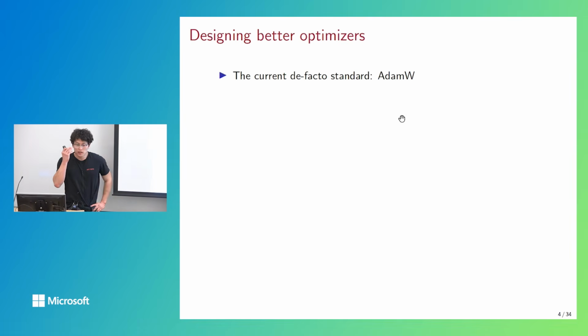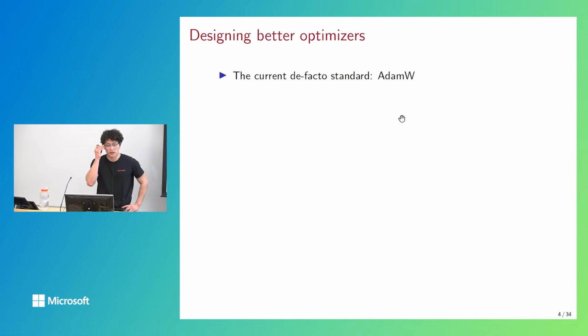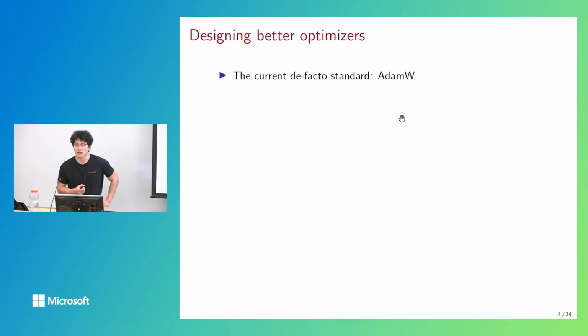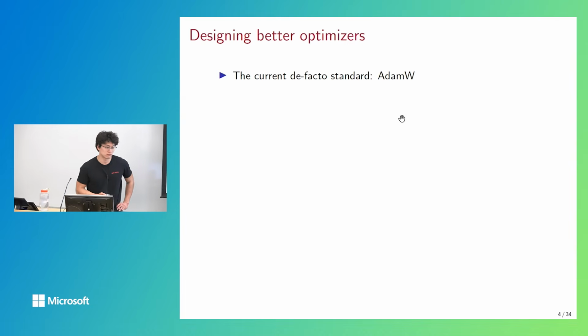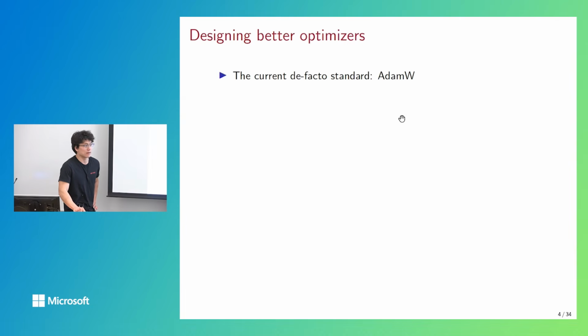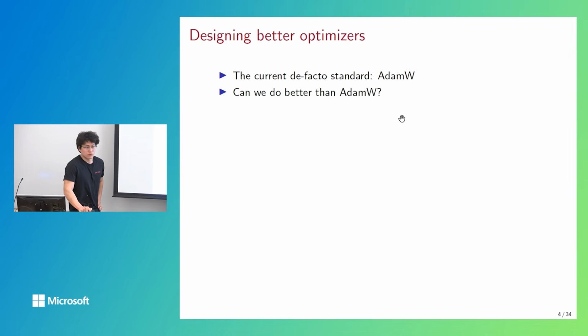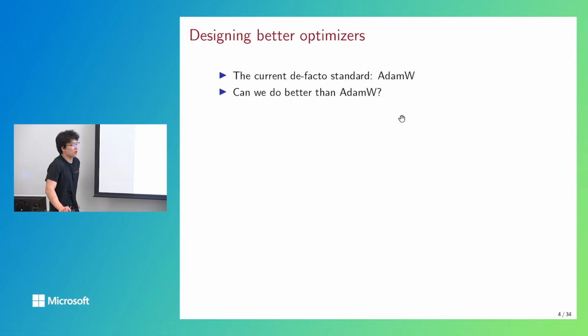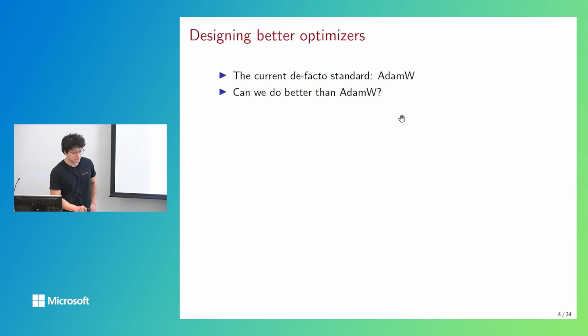So in AI model training, the current de facto standard is hands down AdamW. And you can show the popularity of this algorithm based on the number of citations the paper received over the last 10 years. It also got the Test of Time award from ICLR last year.